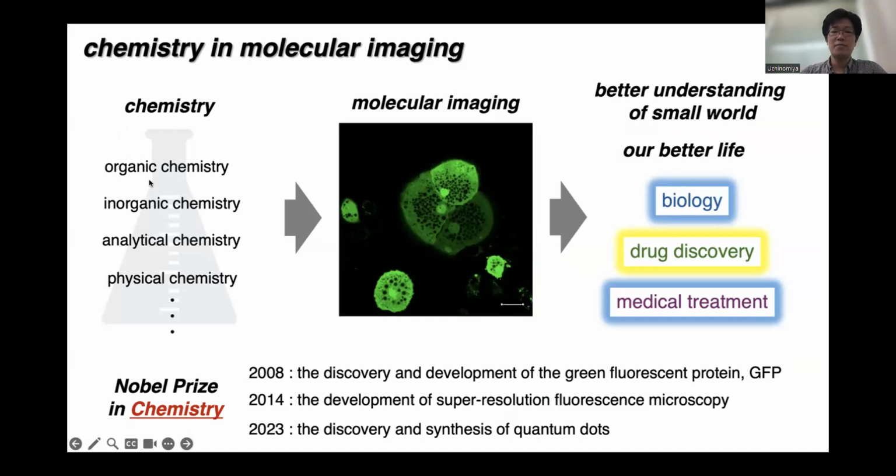Analytical chemistry is needed for the measurement of fluorescence, and physical chemistry is needed for the basis of theory. You can also understand the importance of chemistry by the fact that the Nobel Prize in Chemistry was awarded to 3 research topics in molecular imaging. So chemistry is one of the central research fields in molecular imaging.